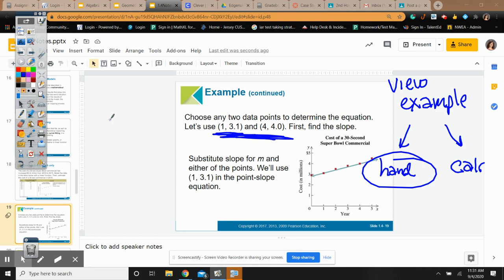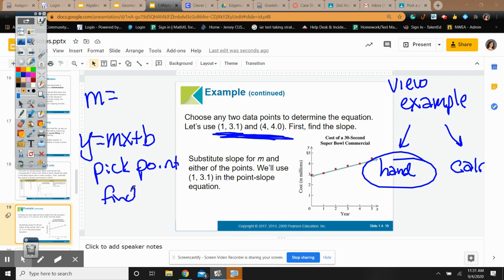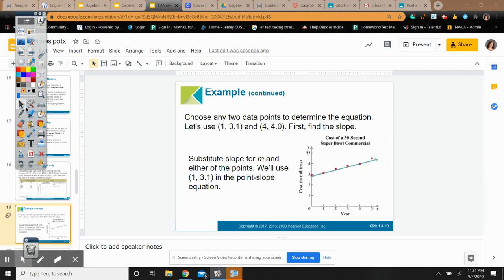And then you're going to find the slope, use y equals mx plus b, use the slope and pick a point. You'll find b and you'll have an equation of a line you can use. Once you have an equation you can use, you can plug in 8 because that would tell you what would happen in 2018 to get a good estimate.